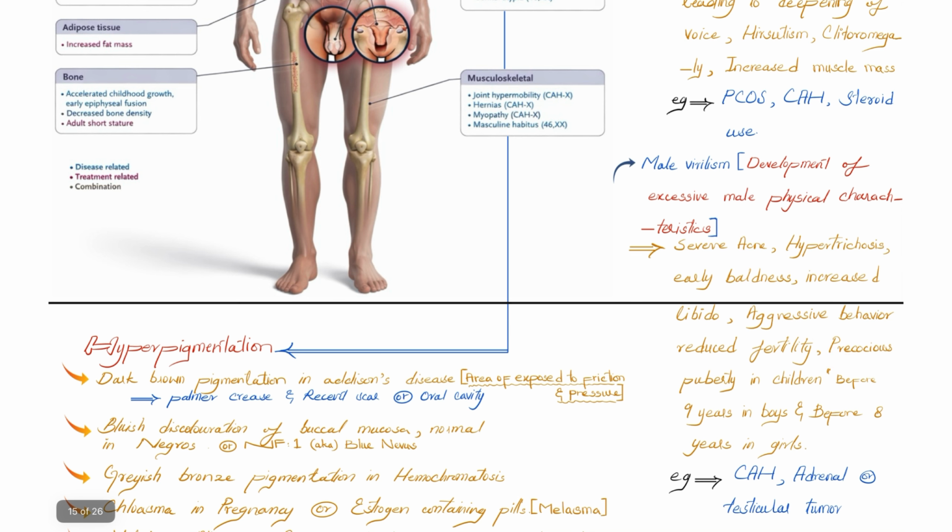Now, we call it precocious puberty in boys when puberty occurs before 9 years, and in females when puberty occurs before 8 years. And the example of male virilism is congenital adrenal hyperplasia, or there are adrenal or testicular tumors.